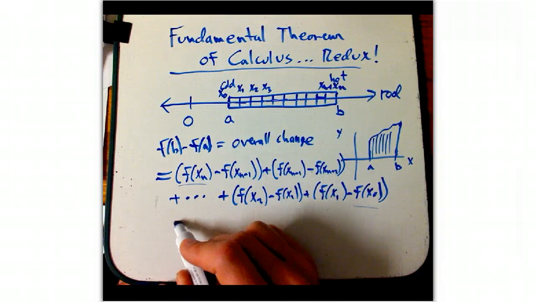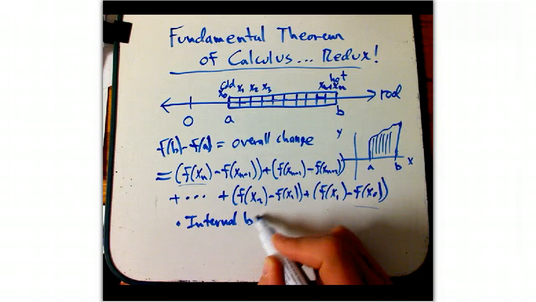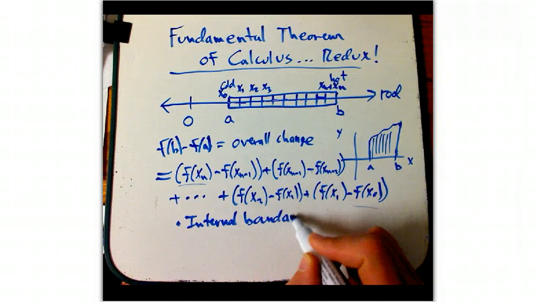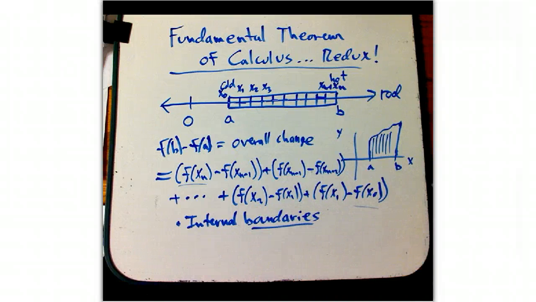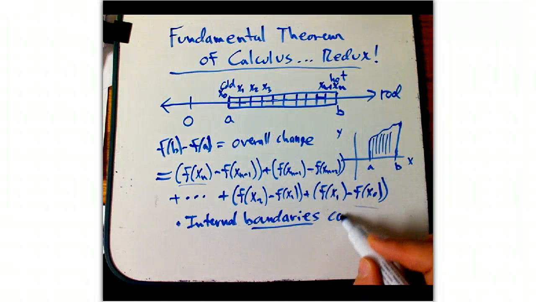So the way I want to express that is that there are internal boundaries. That word boundary is going to be very important. The internal boundaries that we put in artificially, they cancel out.